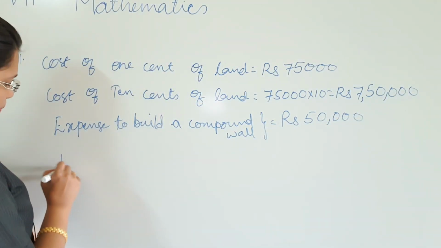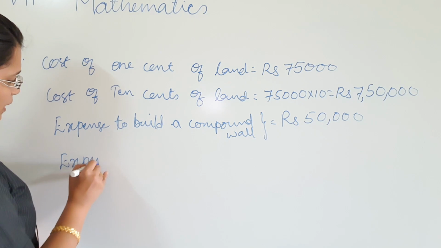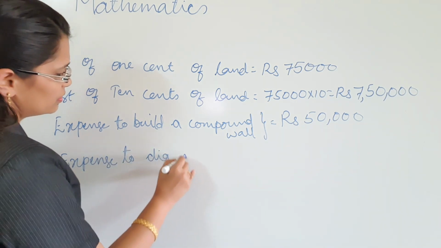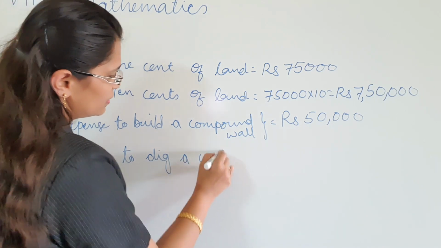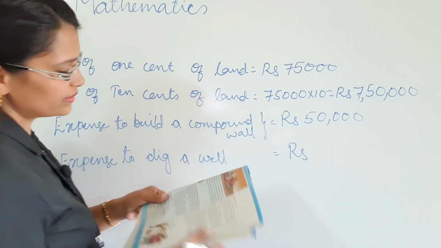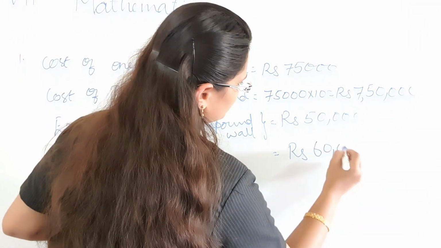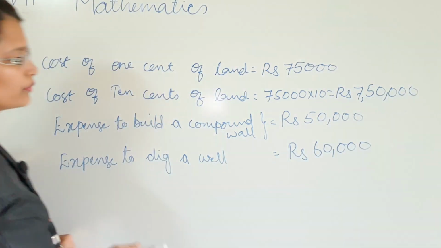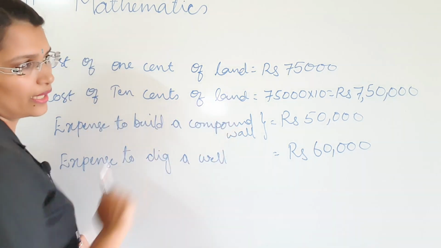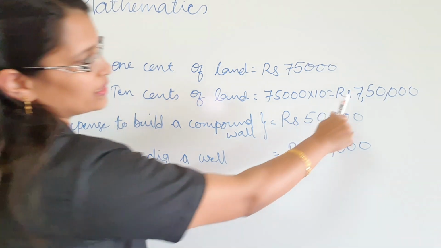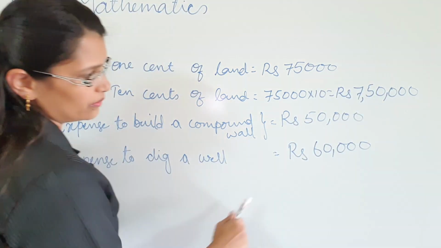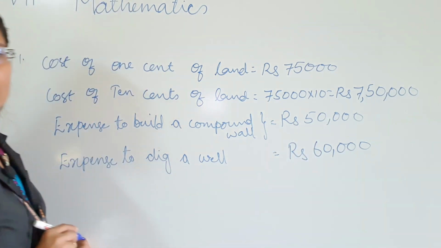Then expense to dig a well is equal to rupees how much? 60,000. So children, what is the total cost price of 10 cents of land? It is equal to 7,50,000 plus 50,000 plus 60,000.